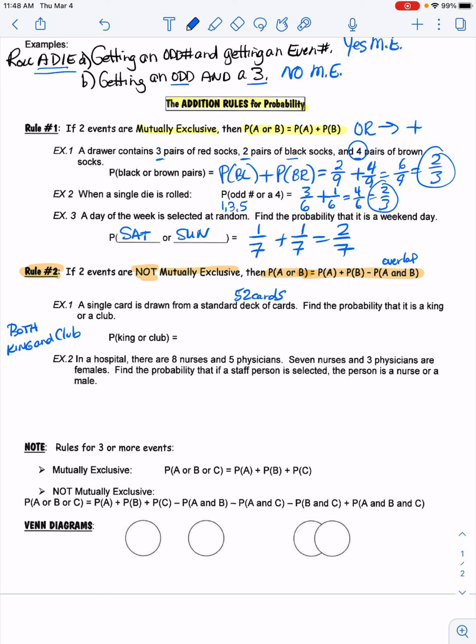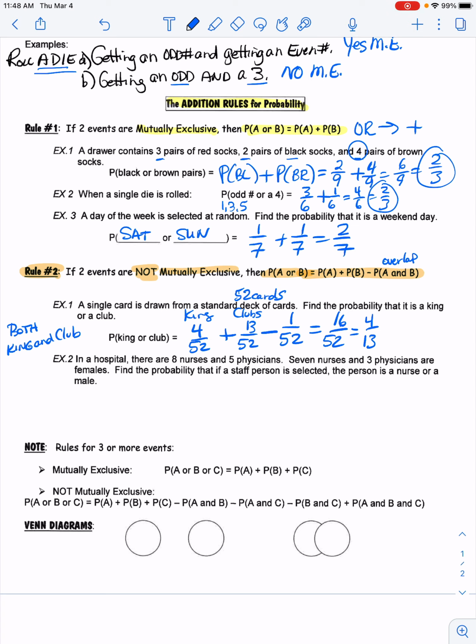So we're going to do probability of a king, which there are 4 kings out of the 52 cards, plus clubs, there's 13 out of 52 clubs in a deck, minus the king and the club, there's one of those. So we end up with 16 out of 52, and that reduces to 4/13. If you don't know cards, I did put a reference sheet in your Schoology.